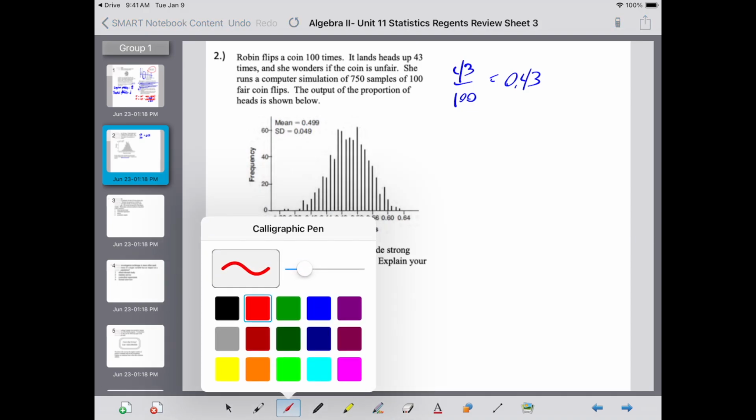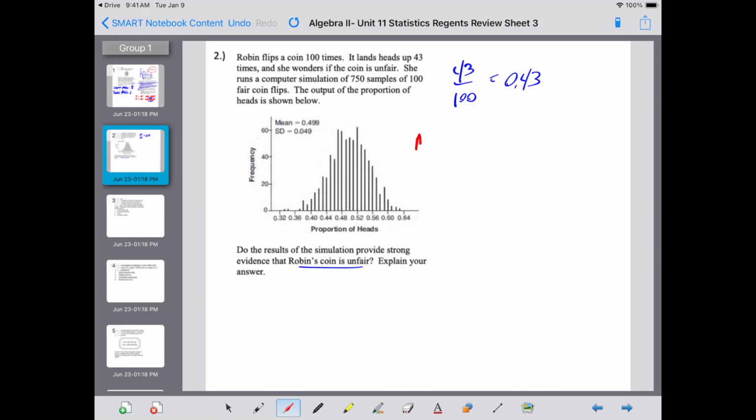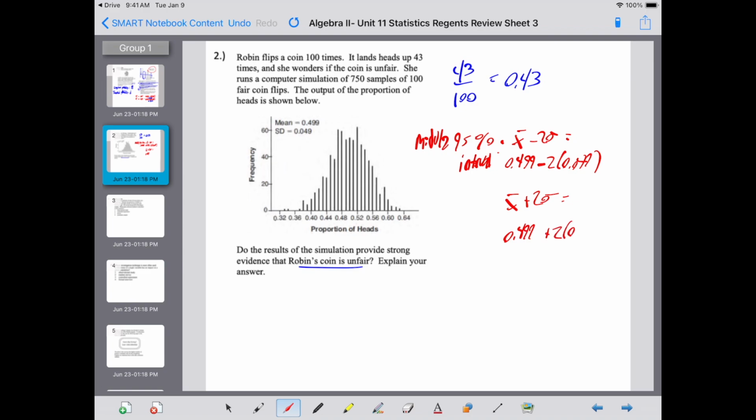We're going to do the same thing. To find the middle 95% interval, you're going to take the mean, subtract 2 standard deviations, take the mean, add 2 standard deviations. Let me put that in my calculator.